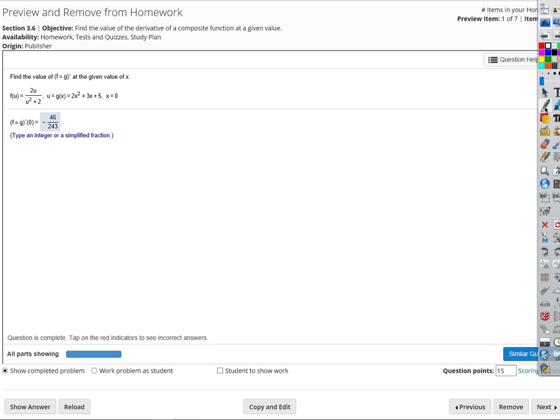So if f of u is this quotient and u is equal to g of x, which is that polynomial, right? And they want you to calculate the derivative of this thing. You're going to evaluate it at 0, but the big thing is we have to calculate the derivative of this. Well, what's f of g of x even going to look like? Wherever g of x is, we substitute that for u.